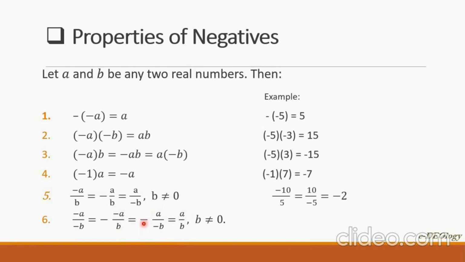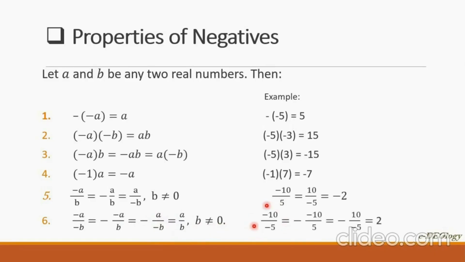Because of this negative sign outside, if we're going to simplify this, we are going to have a negative sign. It's like we have a negative of a negative fraction, and the answer will be positive. Again, the restriction is the denominator must not be equal to 0.